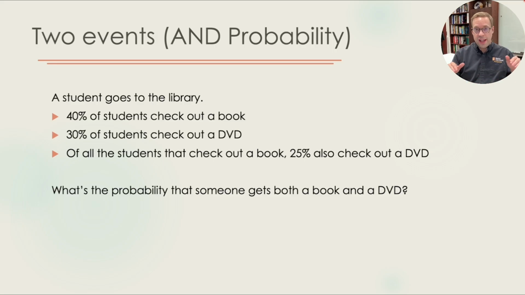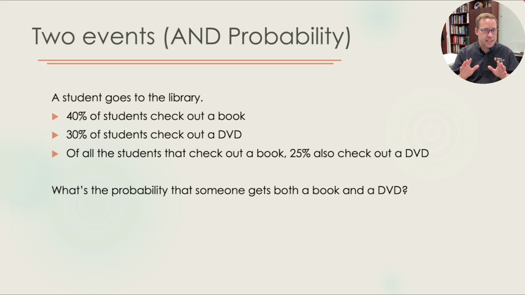All right, so that first line, basically what we're saying is, if I choose a student at random, what's the probability that they check out a book at the library? 40%. Second line, what's the probability that if I pick a student at random that they check out a DVD? 30%. What's this third line say, though? Of all the students that check out a book, 25% also check out a DVD.